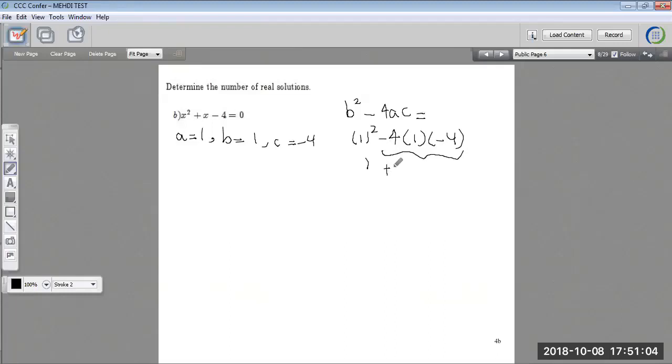So that is also equal to a positive number. That would be 17. So since b squared minus 4ac is equal to plus 17, and 17 is greater than 0, here we get two real solutions.